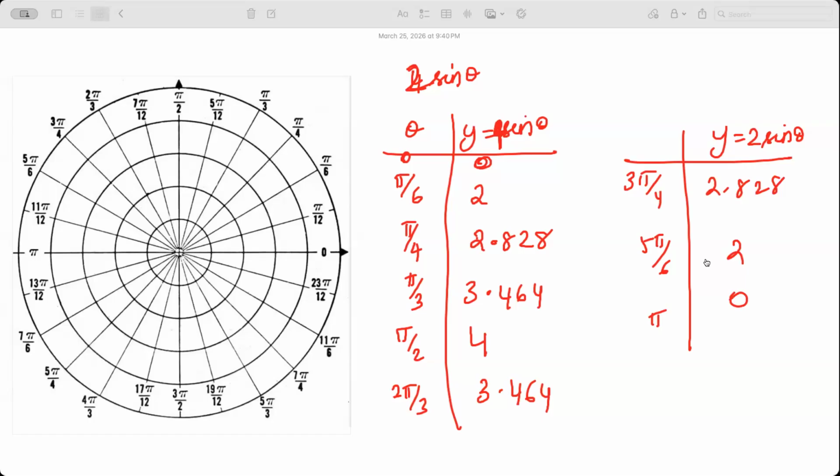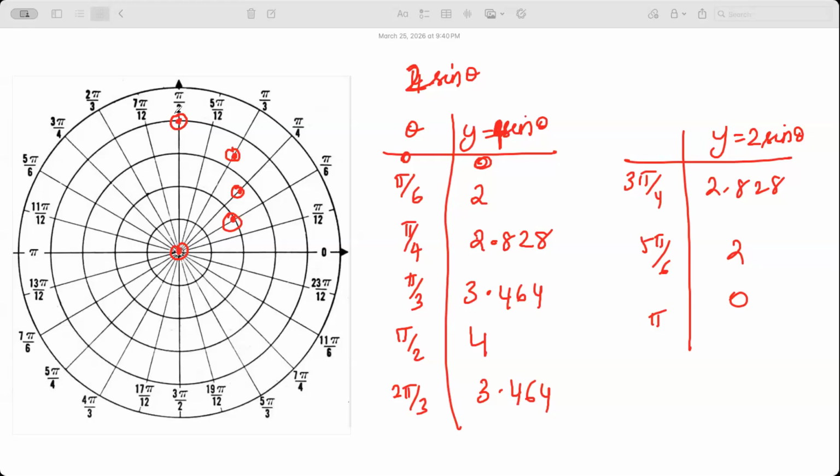So now I'm going to plot this, and I want to plot this into the graph. Let's see, 0, 0 is going to be a point. And then pi by 6 is a 2. And then pi by 4 is 2.828, and then 3.464 is pi by 3, and then you have the maximum 4 at pi by 2 because it's the sine graph, so that's 4, right?